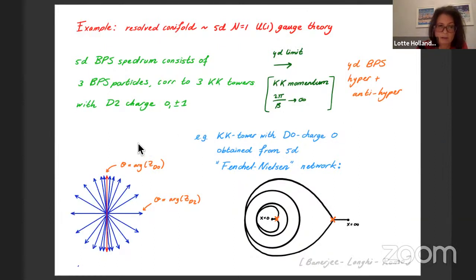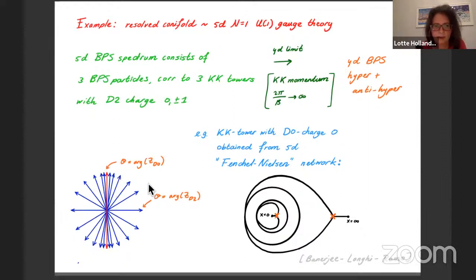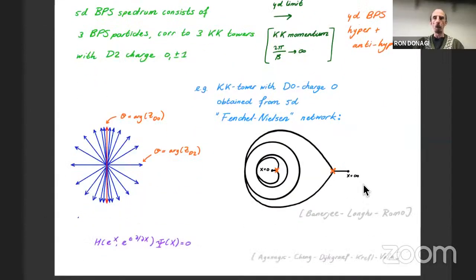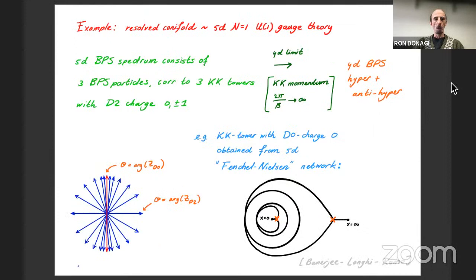So the spectral networks are quite interesting. If you consider the phase diagram, when the network flips through active rays, it looks a lot like the pure SU(2) theory, actually. It's drawn here, and again there is a special phase, where theta is equal to pi over 2, in which this network has a Fenchel-Nielsen type shape.